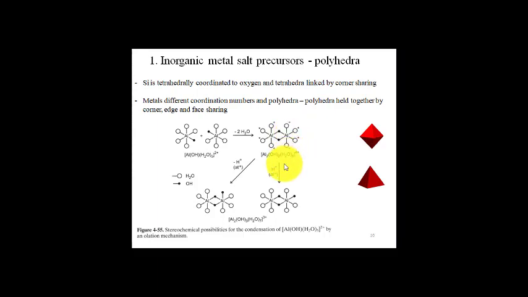Again, we can react this structure to get another bridging group, and this can further bridge to another group to make more polyhedra. So here two polyhedra are reacting with each other through edges.